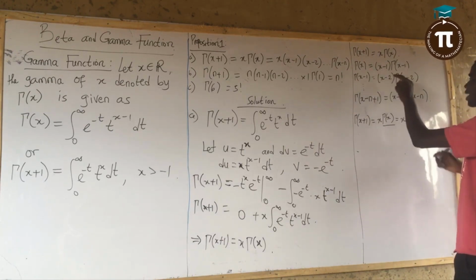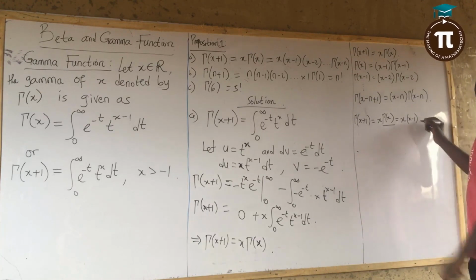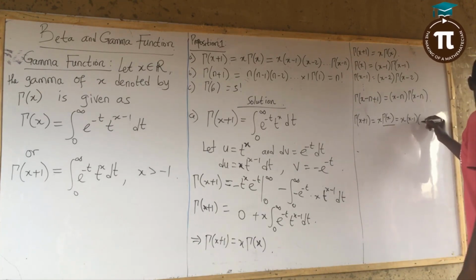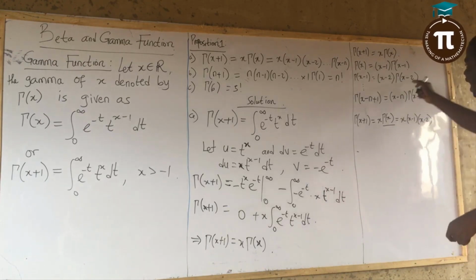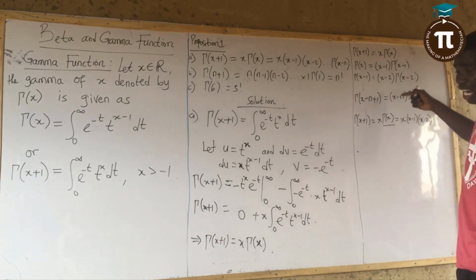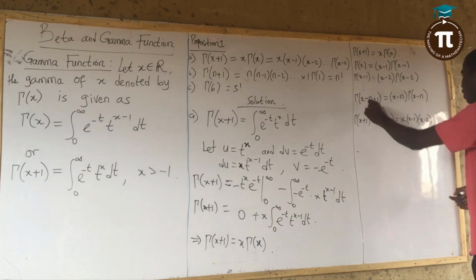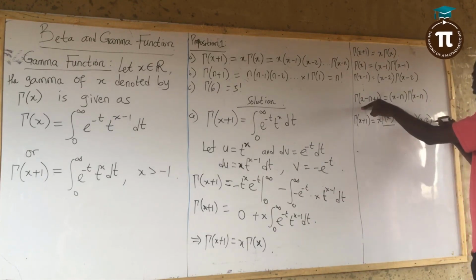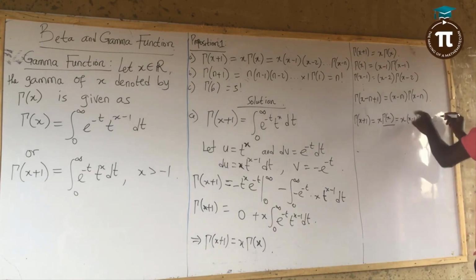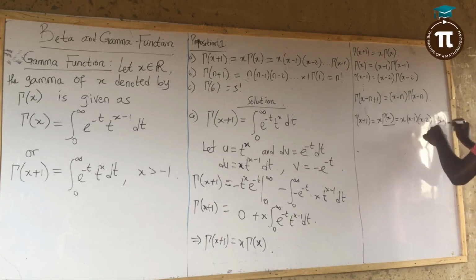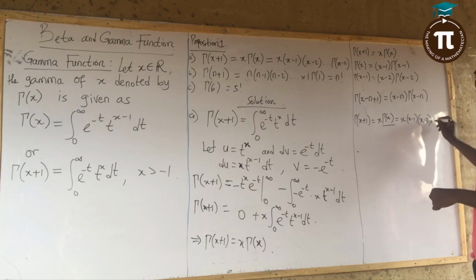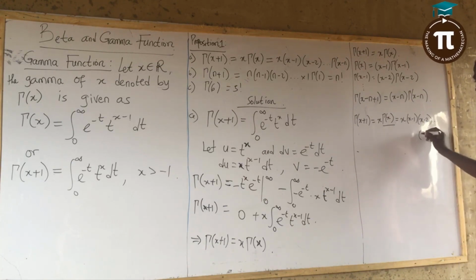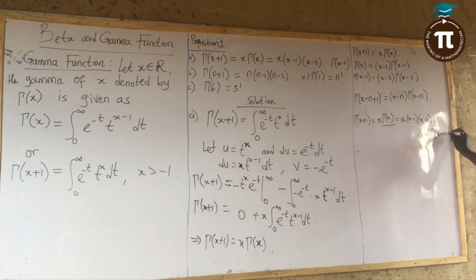Gamma of s minus 1 is s minus 2, gamma of s minus 2. Gamma of s minus 2 will be s minus 3, gamma of s minus 3. It goes on like that till you get to s minus n, gamma of s minus n.